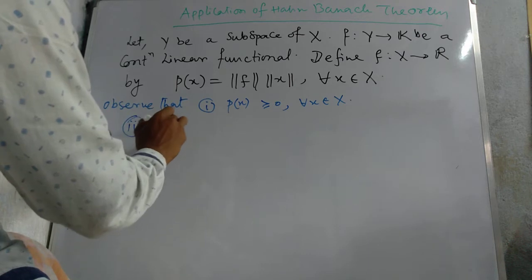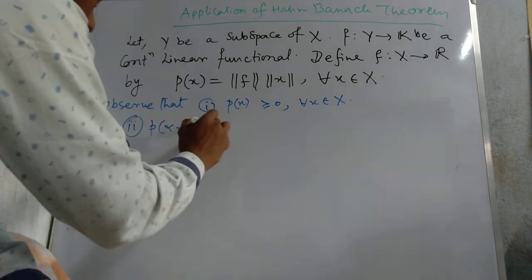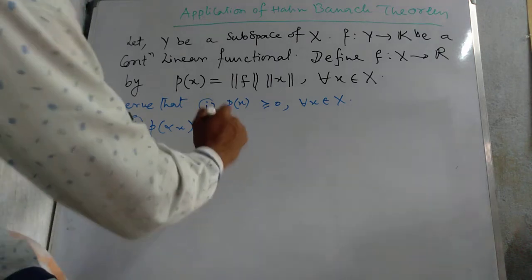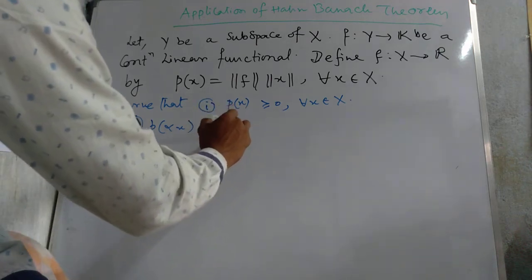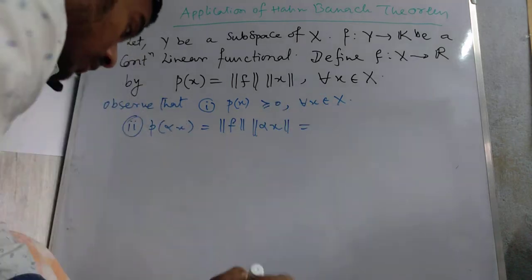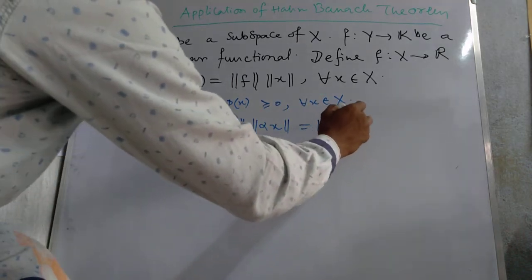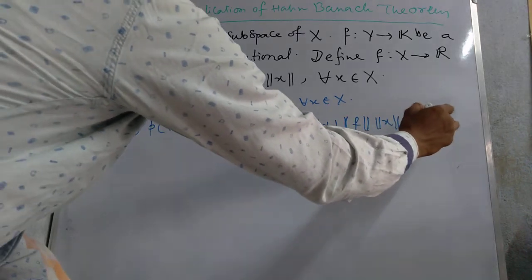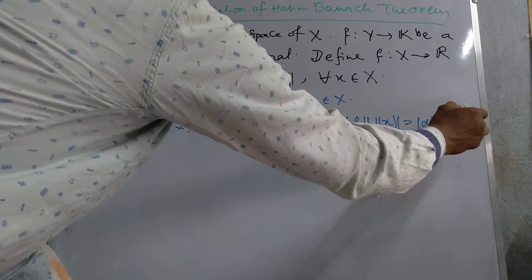Now p(alpha x) equal to norm of f times norm of alpha x. This equals mod of alpha times norm of f times norm of x, which equals mod of alpha times p(x).